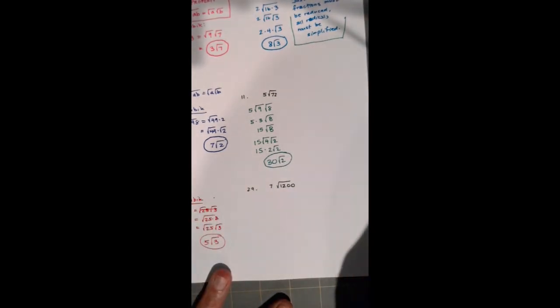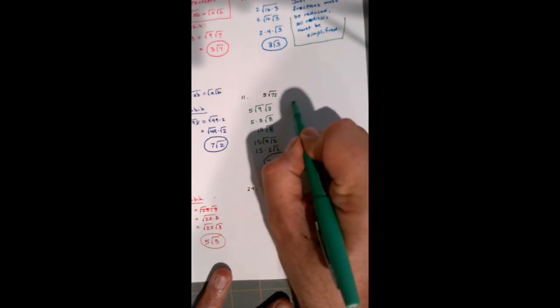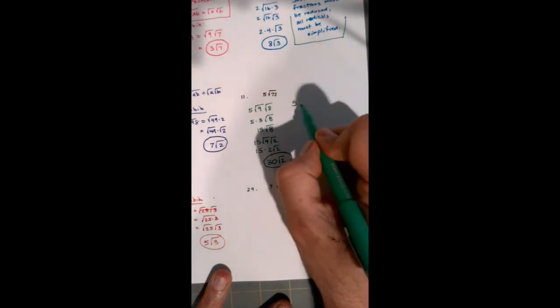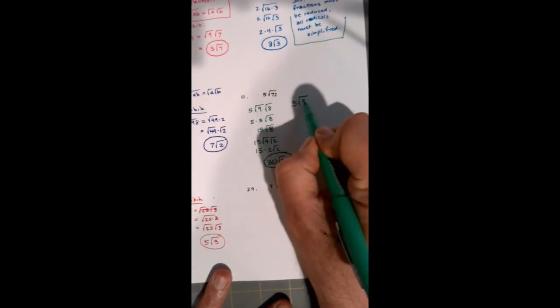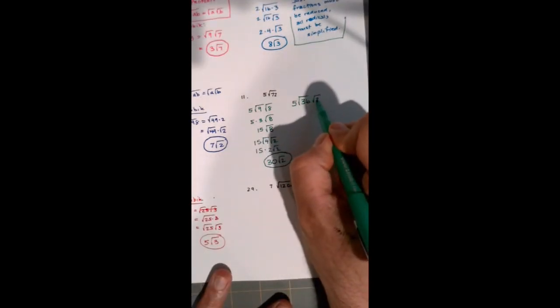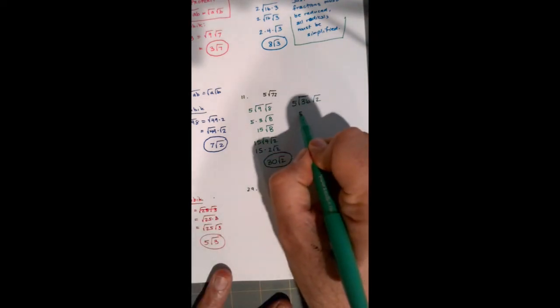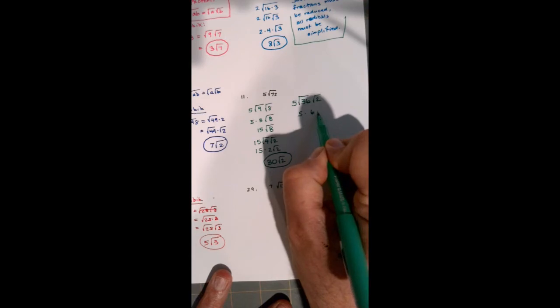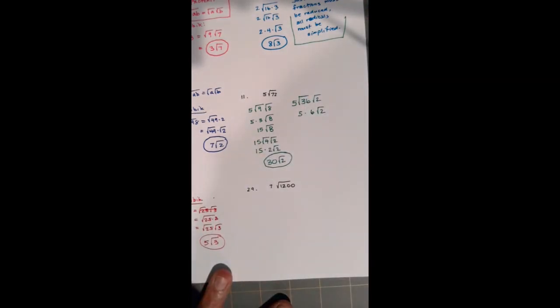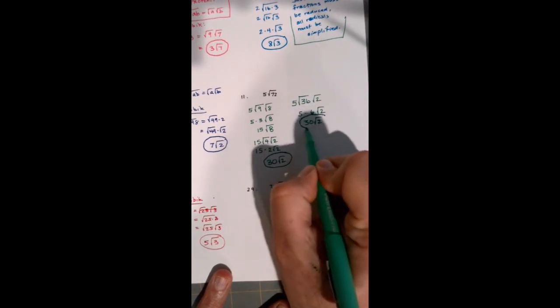Now, I will explain. I would not have done this because I would have seen, mostly because I've done about 10 billion of these, that this is equal to 5 times root 36 times root 2, which is 5 times 6 times root 2, which is equal to 30 root 2.